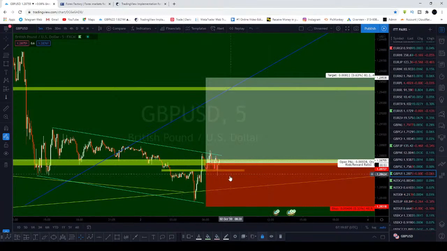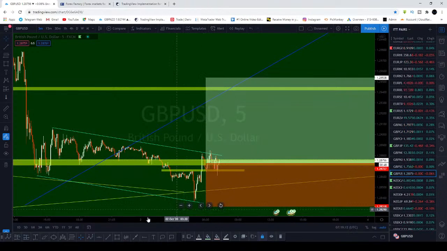Is my screen confusing to you guys? Because I got a lot of things going on right here, and I might be the only person that kind of understands what is going on. Is this a buy? Yeah, this is a buy, man. We are waiting for a buy signal for GBP USD.